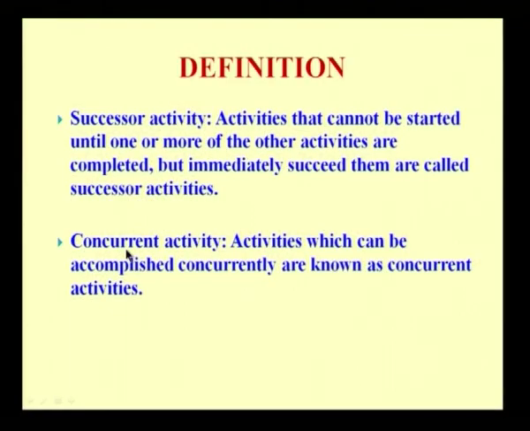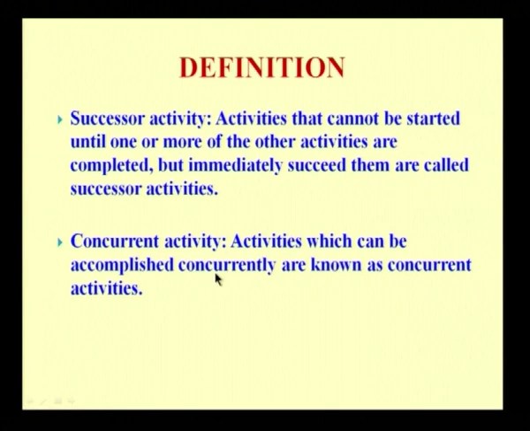I was explaining the different terminologies that we use as part of the network analysis diagram. As part of it, I have been discussing concurrent activity. This was pretty difficult when I was using a Gantt chart. Most of my Gantt chart applications would use sequential processing, whereas as part of the critical path method or the program evaluation and review technique, I might prefer parallel operations.